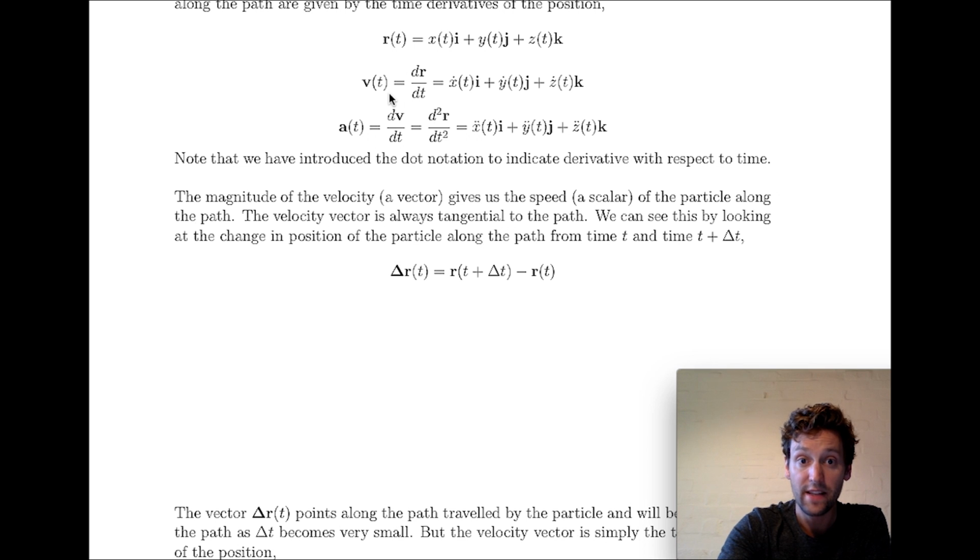The velocity then will be the time derivative of position. Now, position is a vector, so the velocity will be a vector. And it's made up of the time derivatives, here written as x dot, y dot, and z dot, of my position. Likewise, the acceleration is the rate of change of the velocity with time, or the second derivative of position. So that's going to be made up of the second derivatives of x, y, and z.